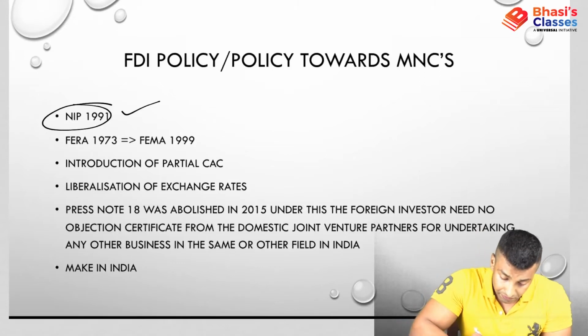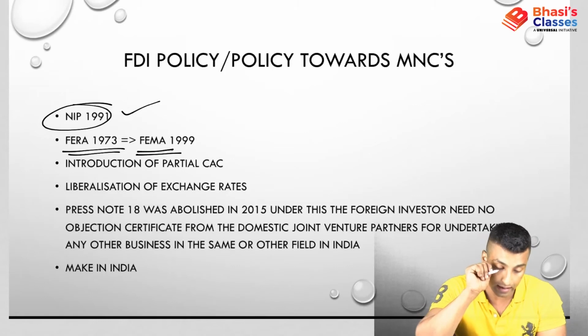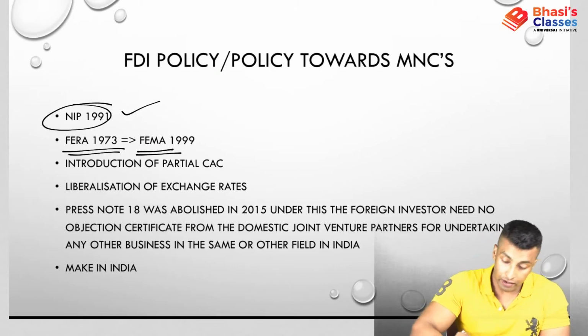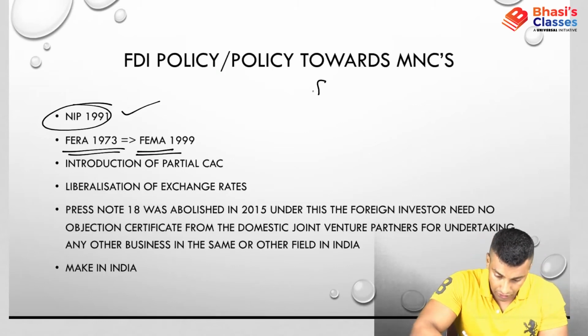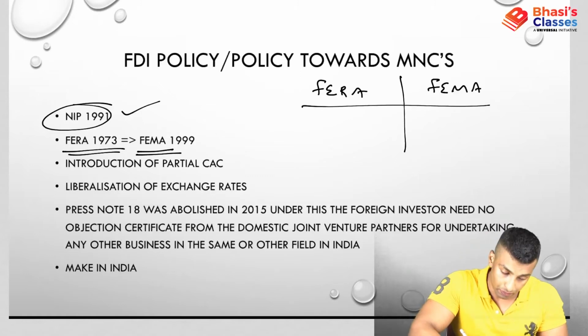Then FERA. FERA is actually Foreign Exchange Regulation Act, that was changed to Foreign Exchange Management Act in 1999. If you see FERA and FEMA, FERA is actually a criminal law.